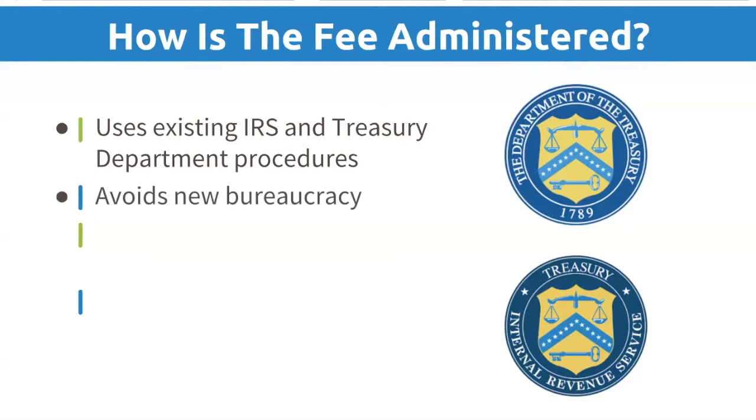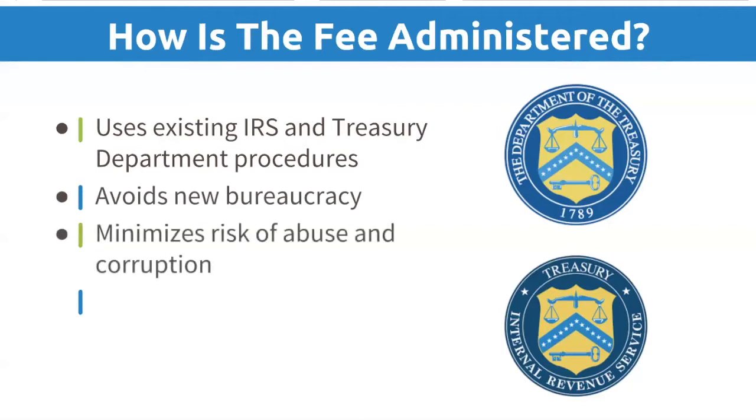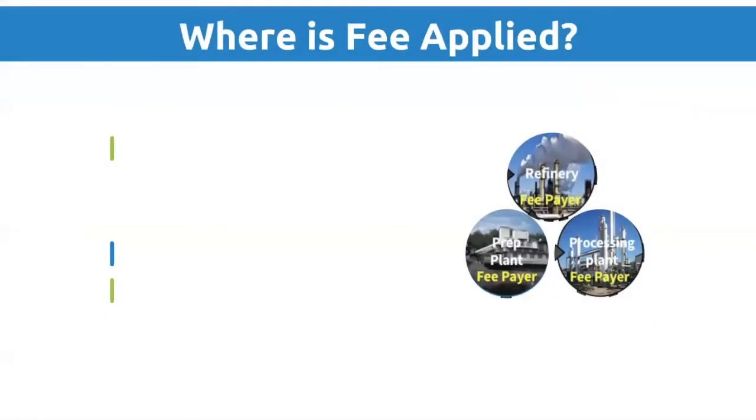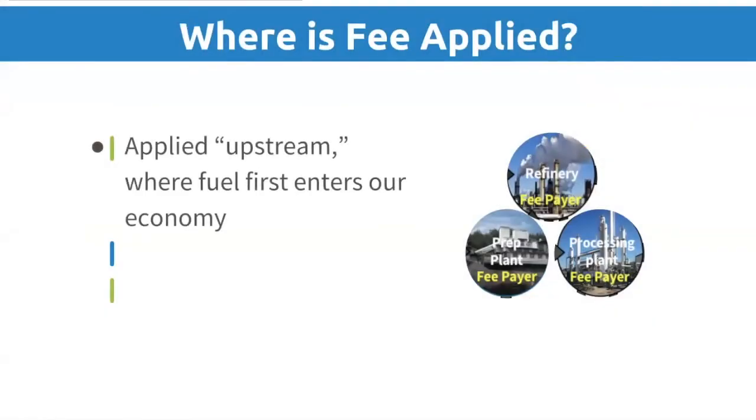Where is it applied? Upstream, that is, as close as possible to the mine, well, and point of importation. For coal, the fee could be imposed at the mine or coal prep plant. That's about 500 plants. You could use, for example, the IRS excise tax form 720. For oil, it could be imposed at the refinery.